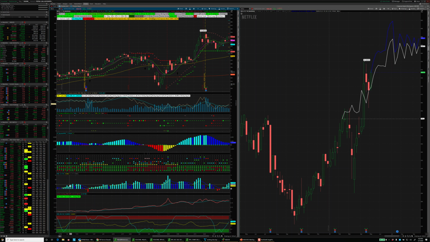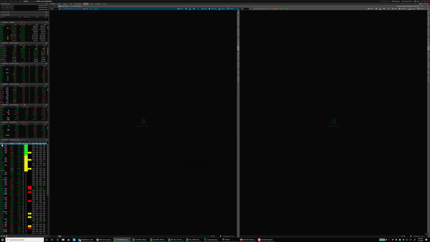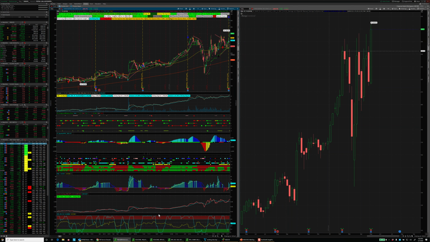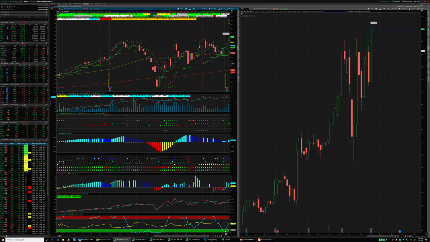Now, within the tools that Dr. Keith has is a scanner for the Laguerre RSI, and I believe it's this thing here. And so I could look at it, and it tells me that within the last, I think, 2 or 3 bars, it crossed above the green.